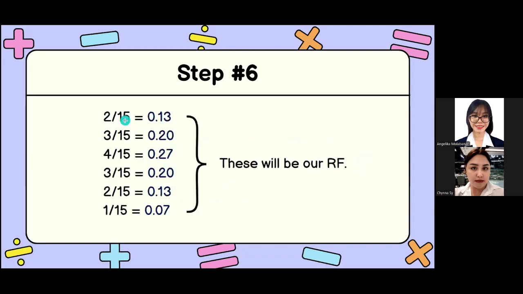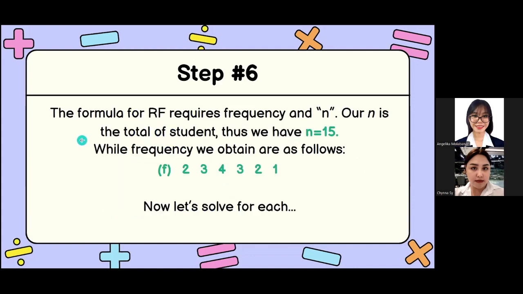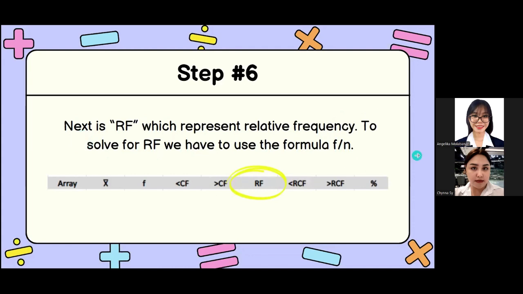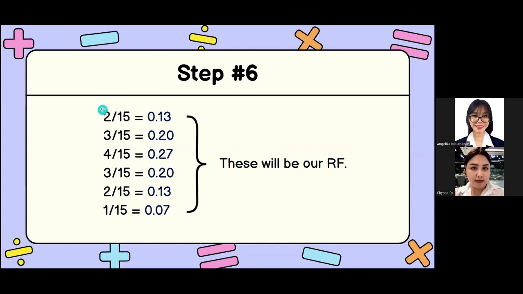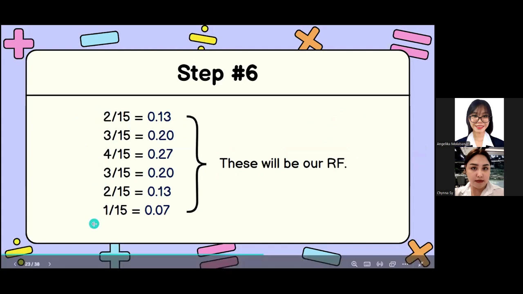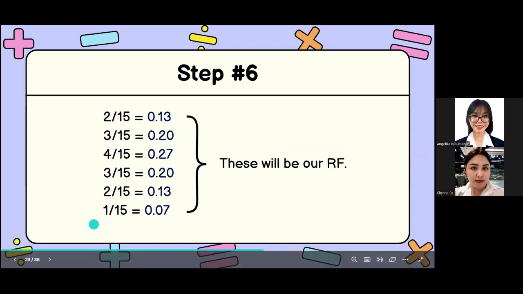So, gagawin lang natin, again, ang formula is F over N. So, ito yung frequency natin, si 2, 3, 4, 3, 2, 1. At yung N natin is 15.